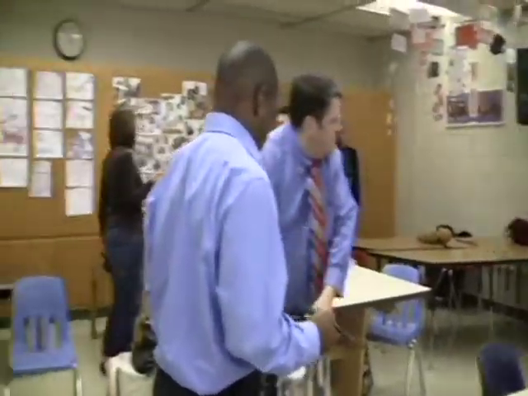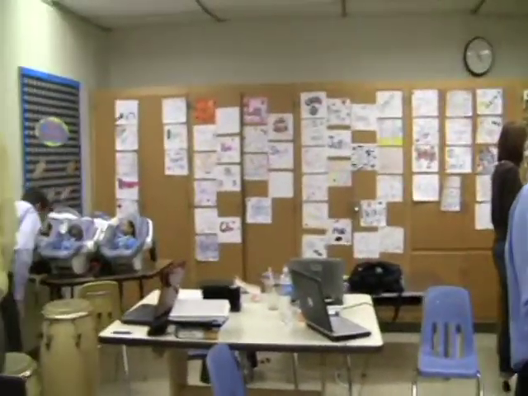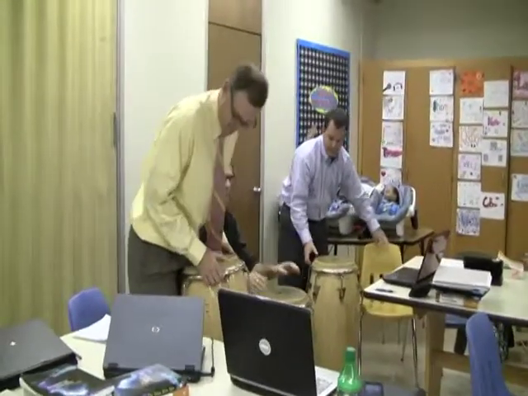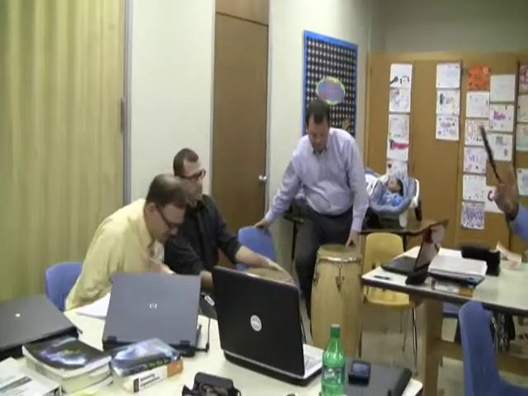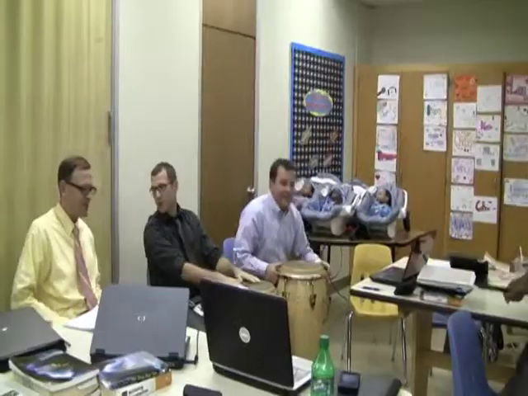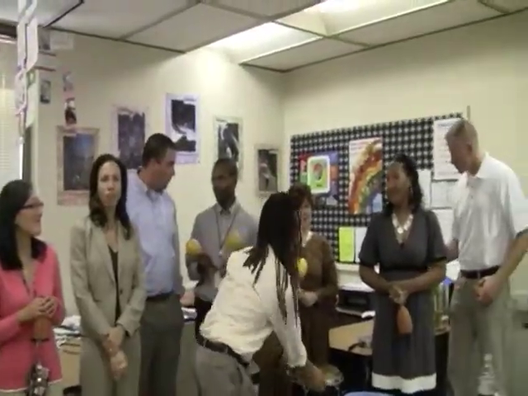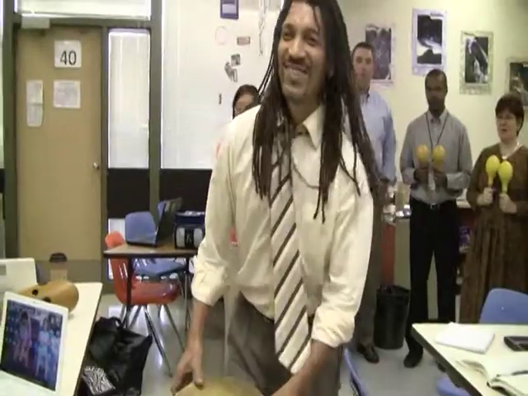So, like the drums over here, the shakers, come on up. The movers, shakers, come on here. I think with this group, within 5 to 7 minutes, we'll have it mastered.